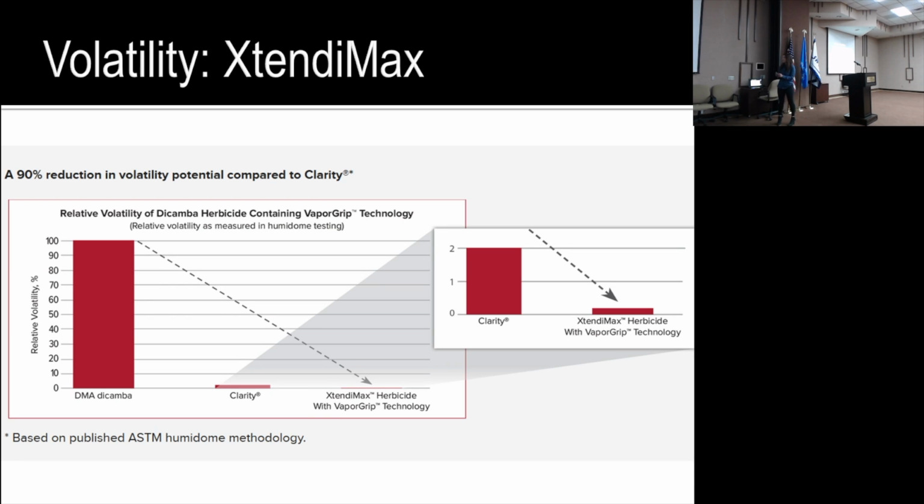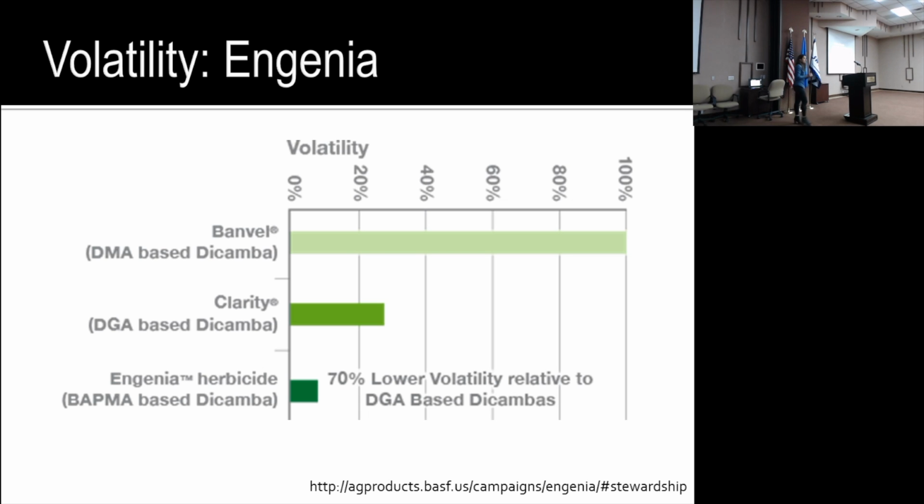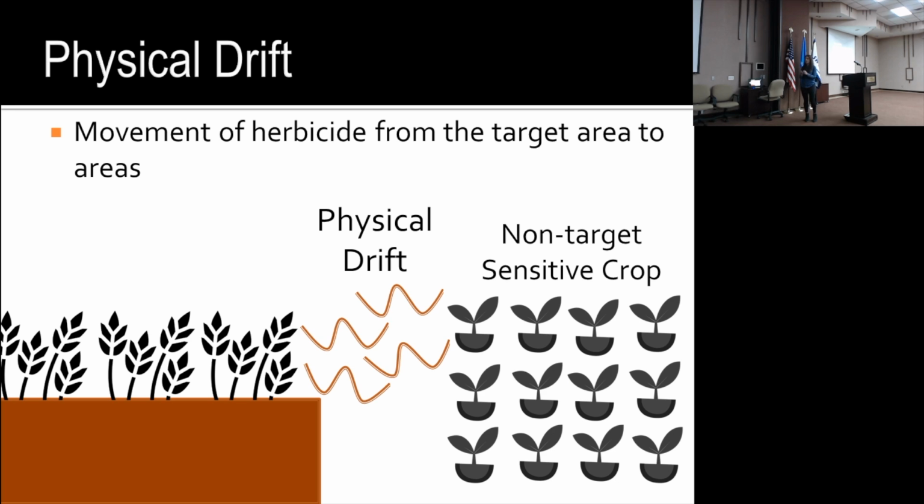Same trend you're going to see with XtendiMax, a 90% reduction when we look at a formulation like Banvel, and an even further reduction from a formulation like Clarity. And again, the same trend with Engenia, 70% lower volatility in relation to Banvel, and a decrease in volatility compared to Clarity. So we've done a pretty good job with volatility.